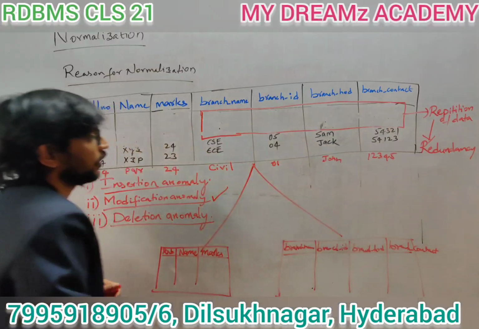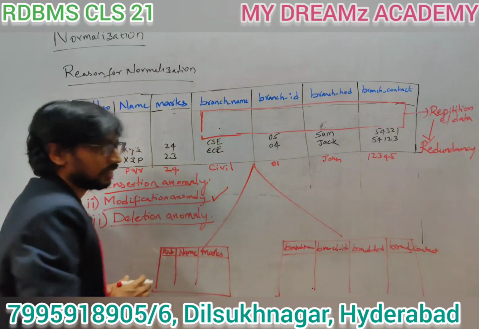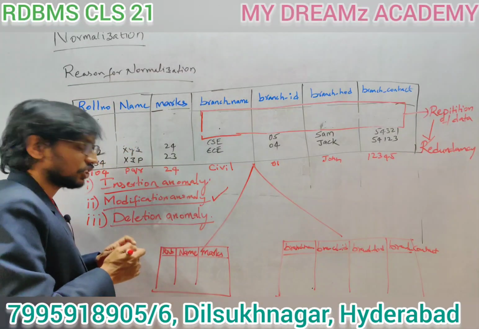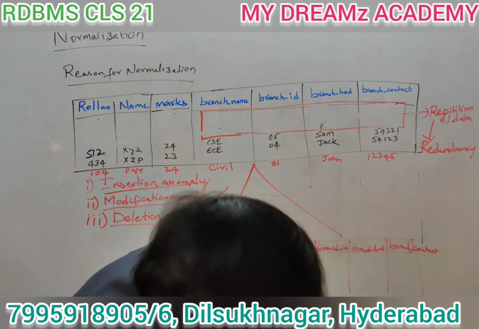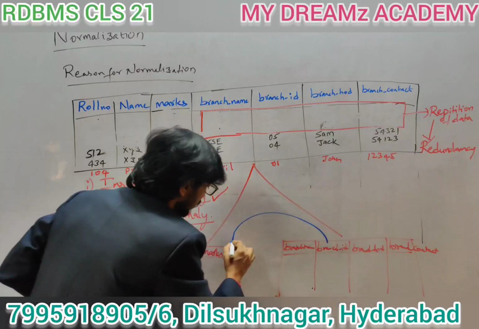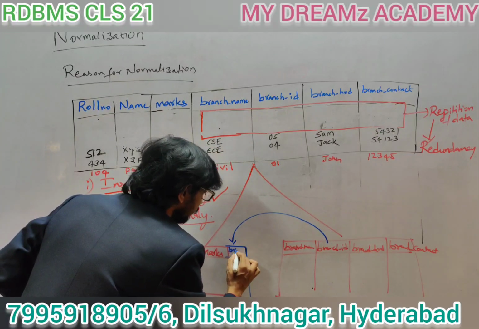Okay, right? So this is the splitting into two tables. But is there any common thing? No. So we should establish a common attribute between those two. So I am taking this branch ID and adding it here.